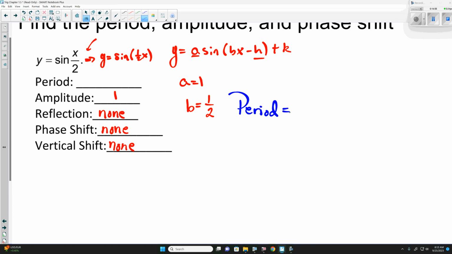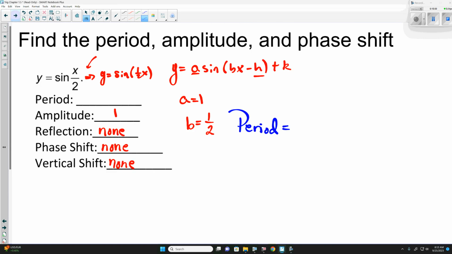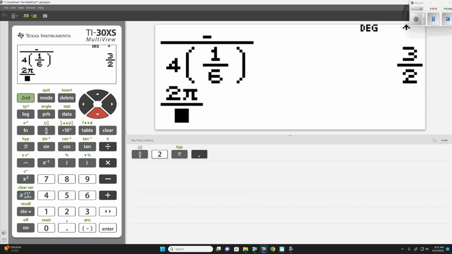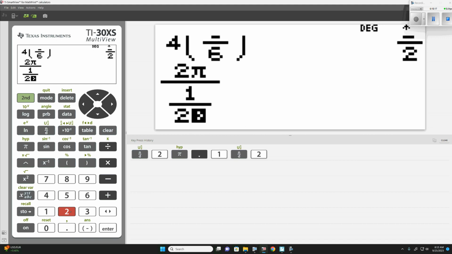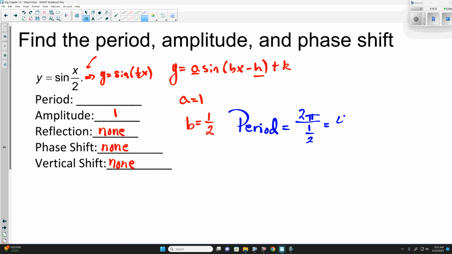To find our period, the definition of the period is 2 pi over b. So I have 2 pi over the value of b, which is 1/2. We could do this in a calculator, or by hand, either way works. 2 pi over 1/2 is 4 pi. So the period is 4 pi.